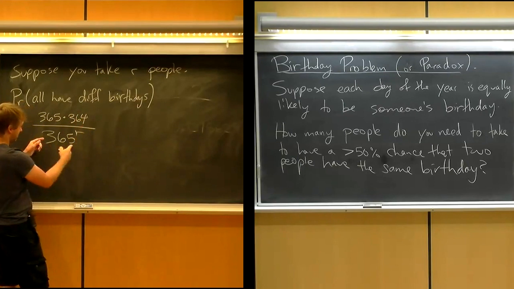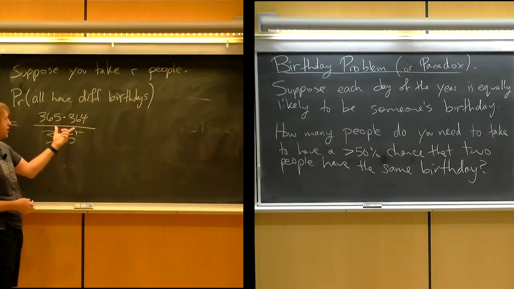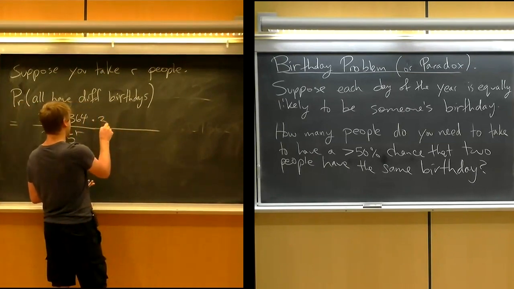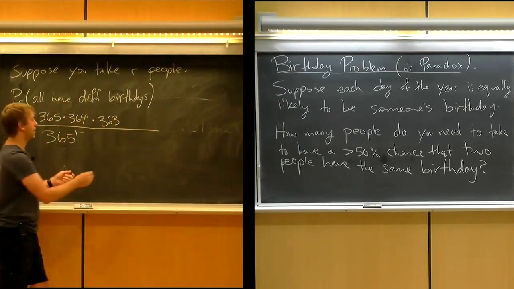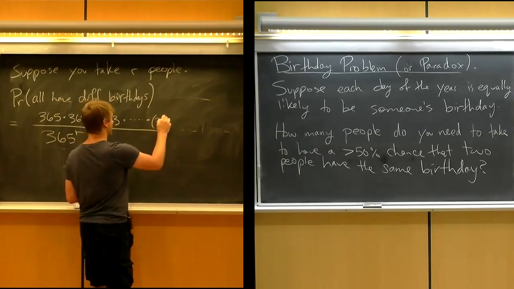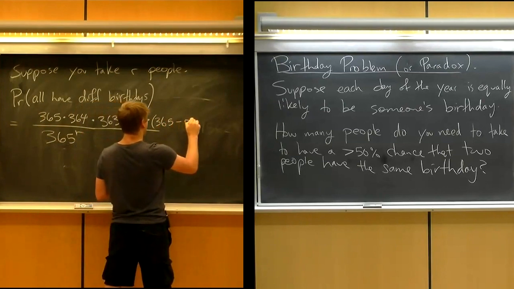So this is picking any sequence of birthdays where we don't care if they're the same or not. And now we're saying how many ways can I pick different birthdays? For the third person, it'd be 363 because it has to be different from these two. And then you go all the way down to 365 minus R plus 1.